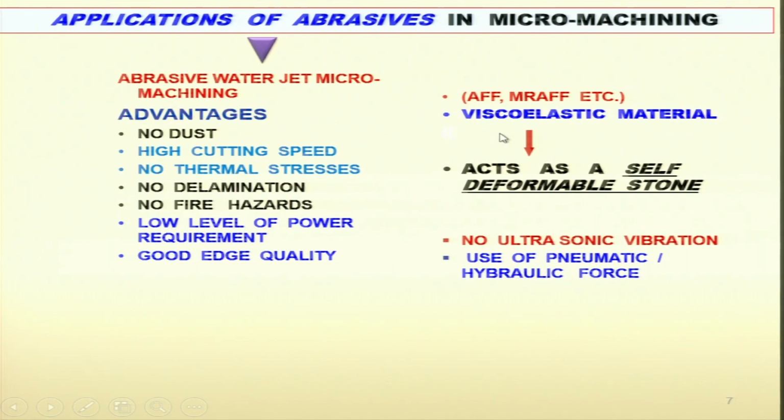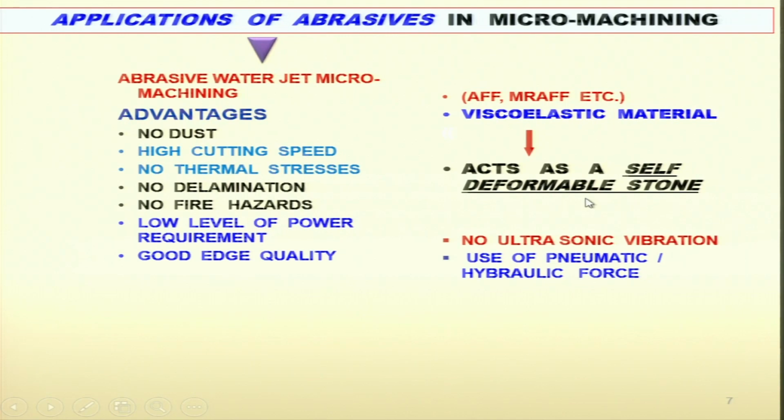And then on the other side, you have viscoelastic material which carries the abrasive particles, and as a result you have different processes like abrasive flow finishing process, magnetorheological abrasive flow finishing process, and so on. Now here this viscoelastic material acts as a self-deformable stone. What does it mean? We will discuss while discussing the abrasive flow finishing process.